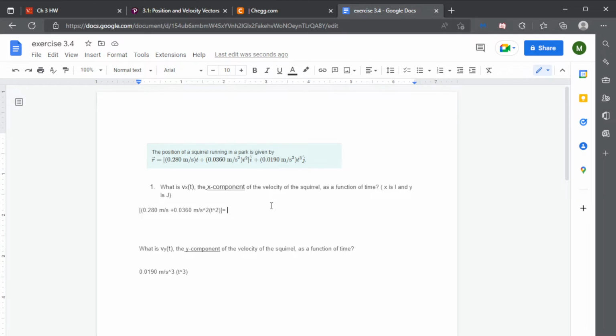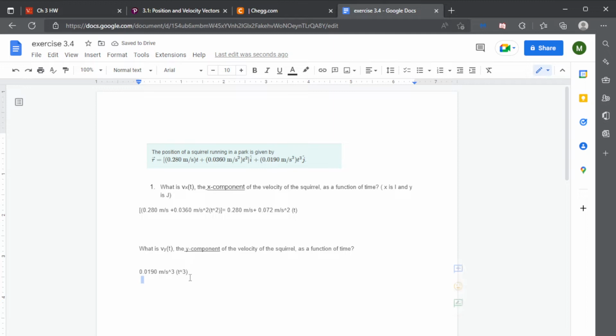Since they're asking to find the x component, what you need to do is square, not square root, 0.0360, because that will take care of the square. So you will get 0.280 meter over second plus 0.072 meter over second square with t right here.